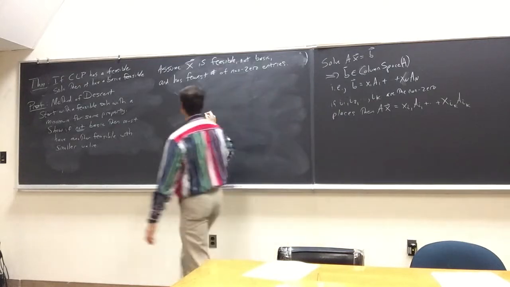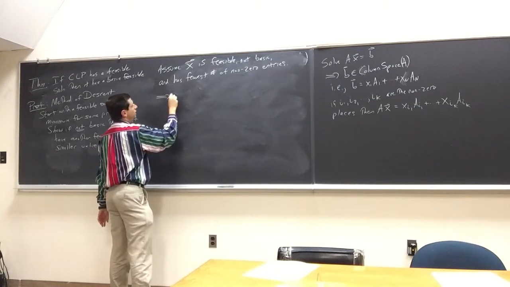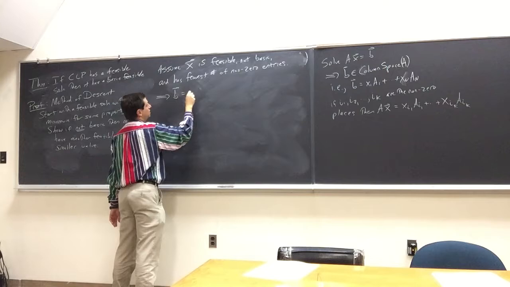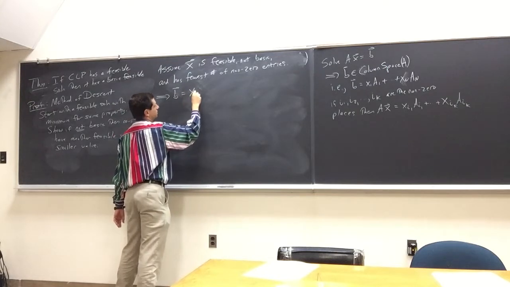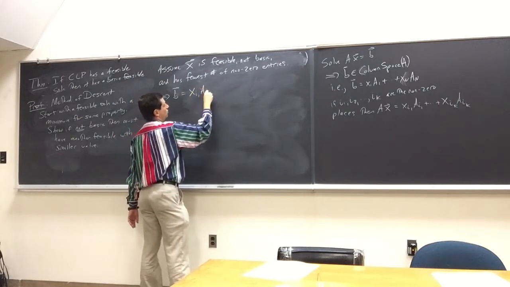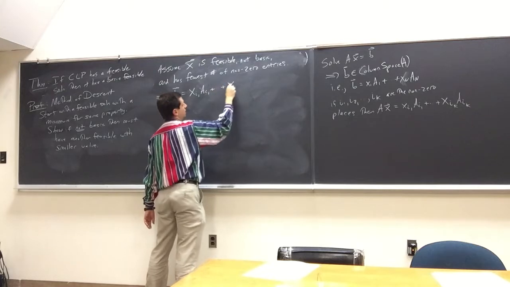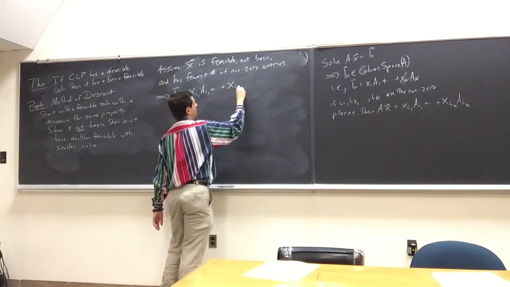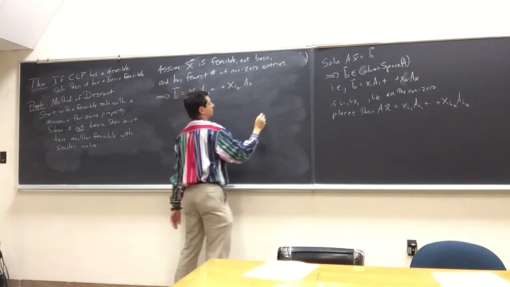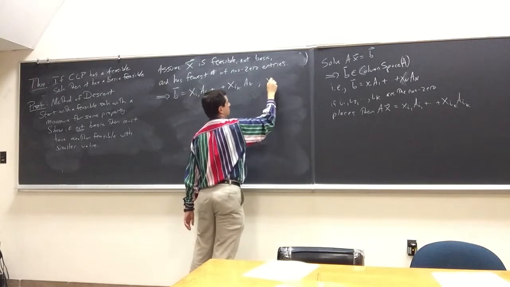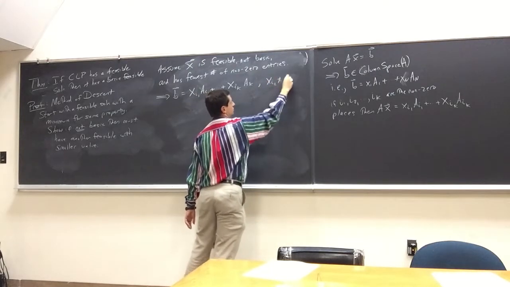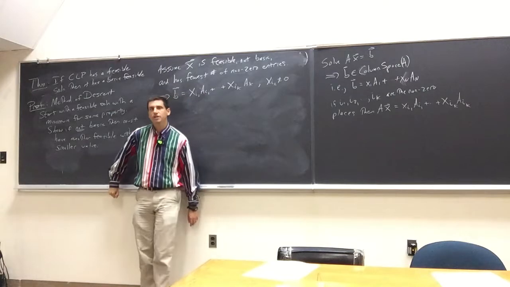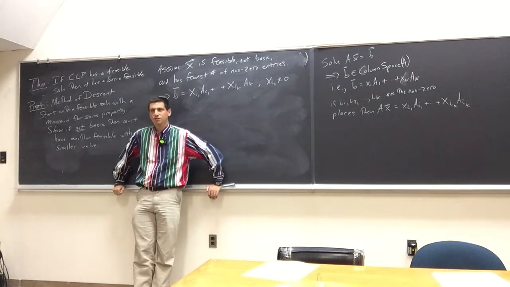So what does this mean? This means we can write b as x_{i1} A_{i1} plus ... plus x_{ik} A_{ik}, where the x_{il} do not equal 0. All right, now it's worthwhile to just stop and pause for a moment.